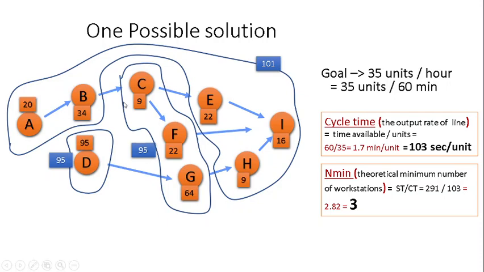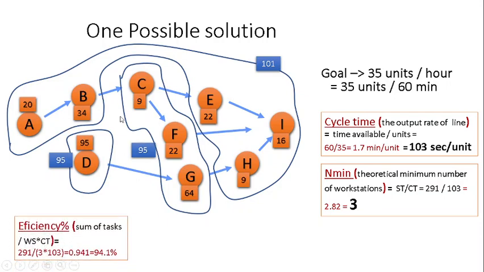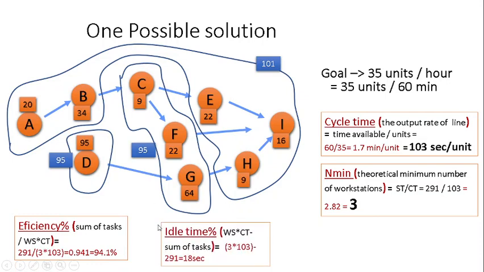So if we find our efficiency level and idle time for this setting, we see that the efficiency level is 94% and the idle time is 18 seconds, which is quite effective. We see that we have reached a high level of efficiency. Idle time is quite low, which means that we utilize our resources almost at the maximum.